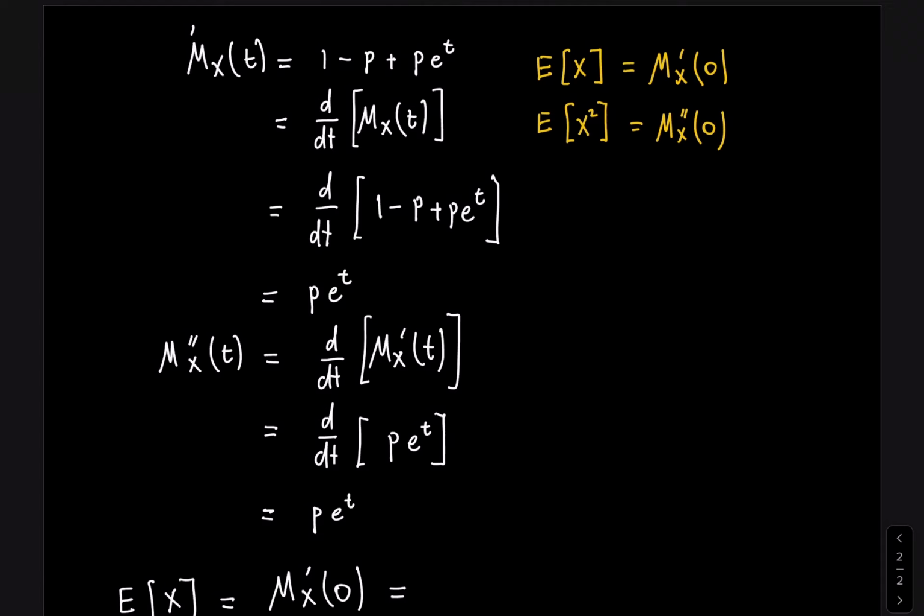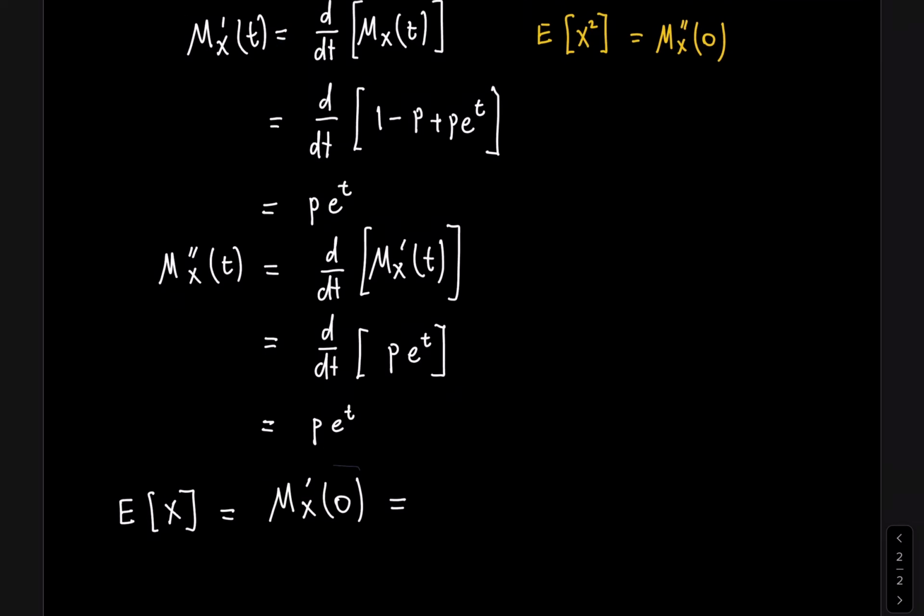M_X(t) was equal to this, and M_X'(t) is equal to this. So we substitute that expression in here, and we evaluate at t equal to 0. So p e to the t when t is equal to 0 is simply p e to the 0, which is equal to p, because anything to the power of 0 is 1. So p times 1 gives you p.